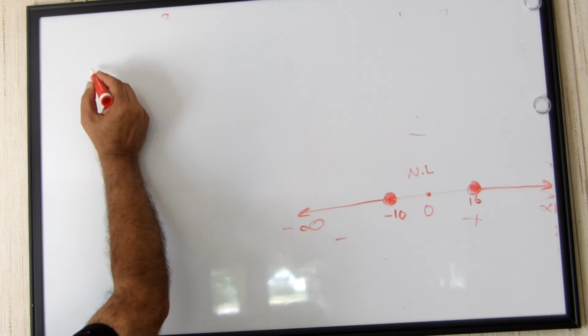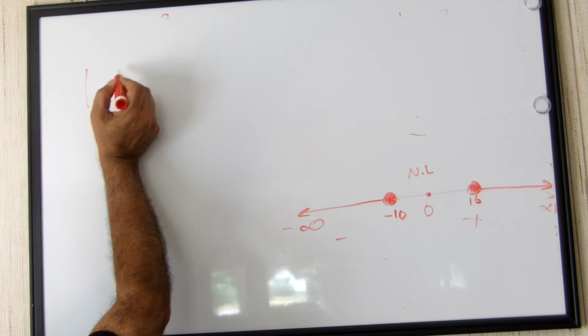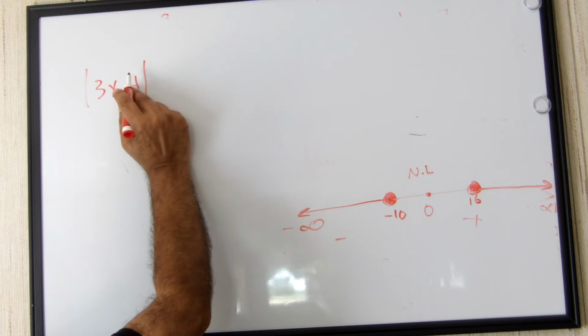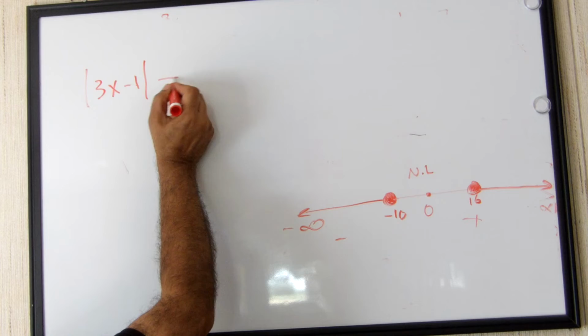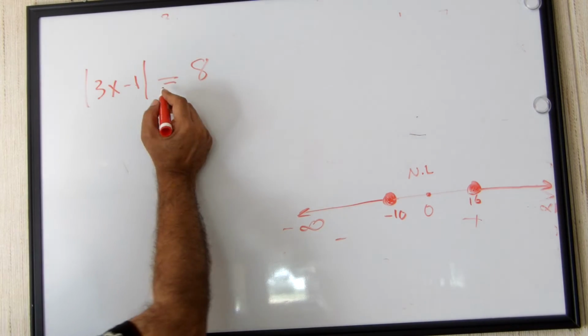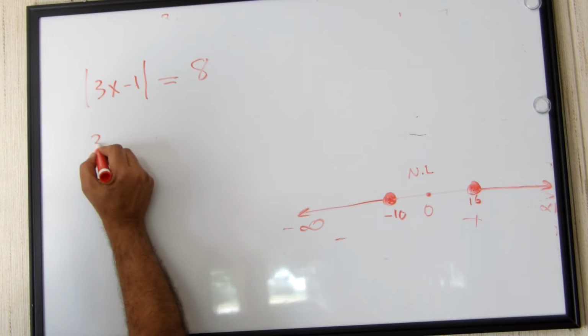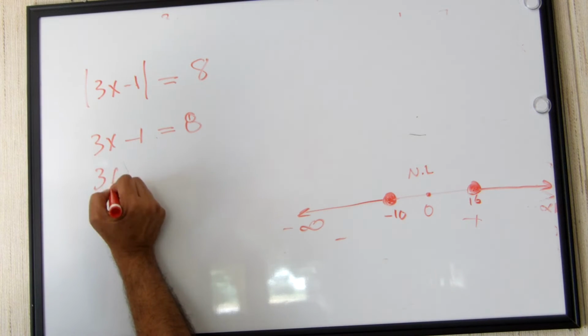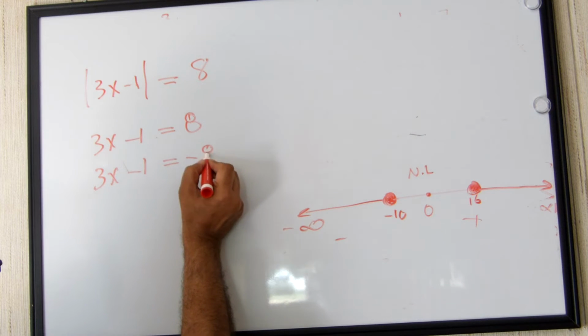Like if they are equal, 3x minus 1 is equal to 8. See, we said that with its equal sign. We just write 3x minus 1 is equal to 8, and then we say that 3x minus 1 is equal to minus 8.